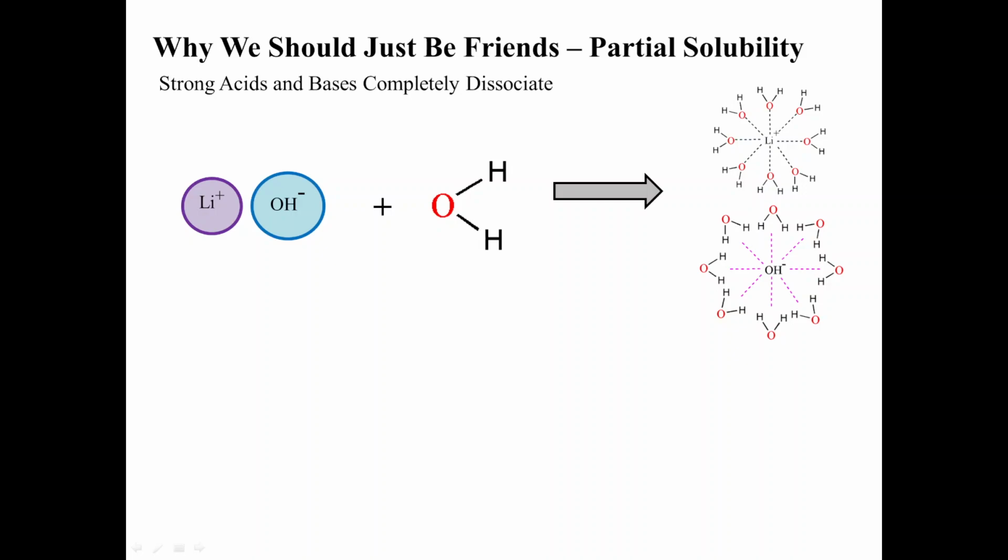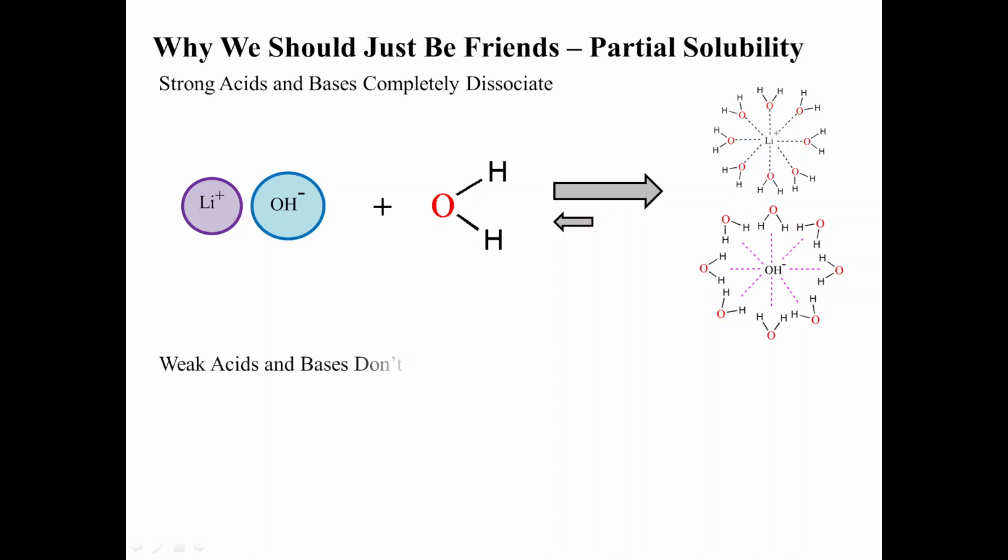And so we say this completely dissolves. Now, in truth, every reaction has some ability to occur in reverse. But if we have a strong acid or a strong base, this occurrence is going to be very, very small or virtually non-existent. So that's why we say that strong acids and strong bases completely dissociate.